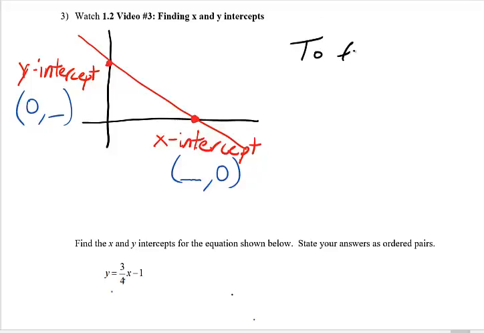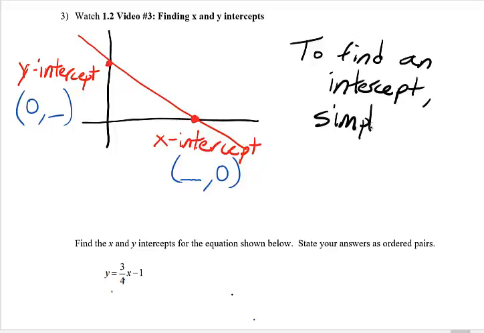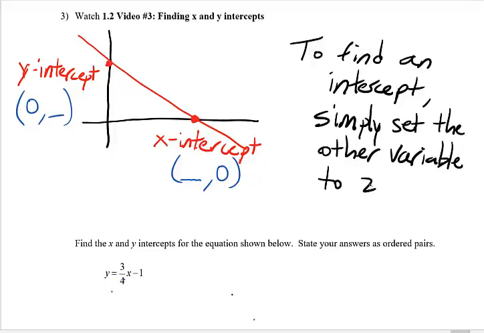To find an intercept, simply set the other variable to 0. I think the key words in that are other variable. If you want an x-intercept, set the y to 0. If you want a y-intercept, set the x to 0.